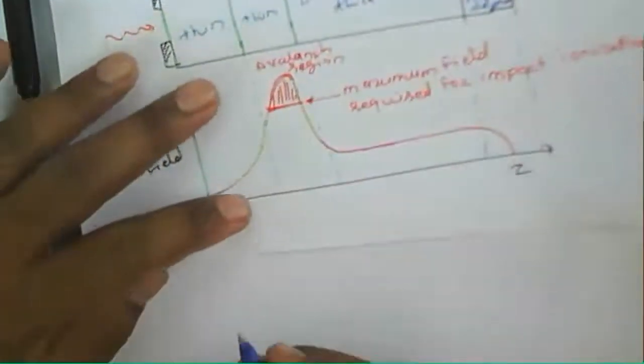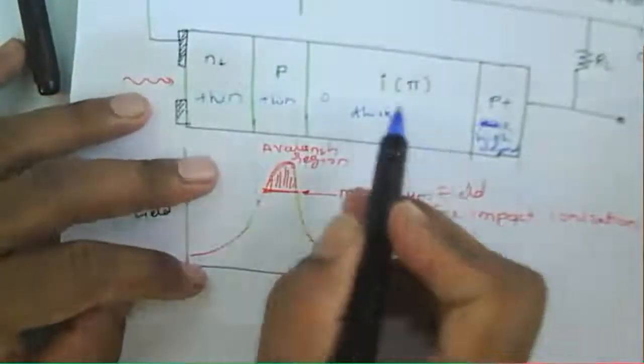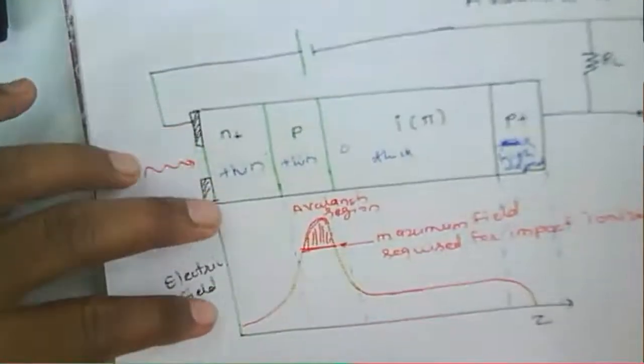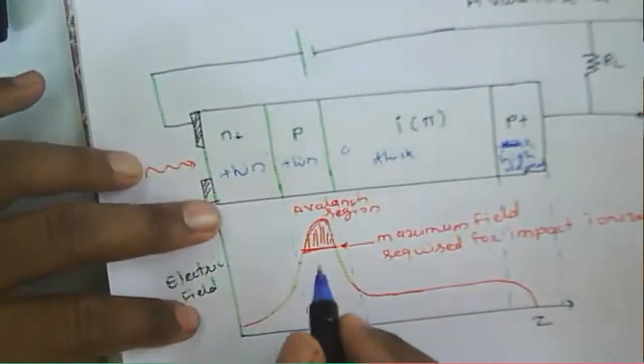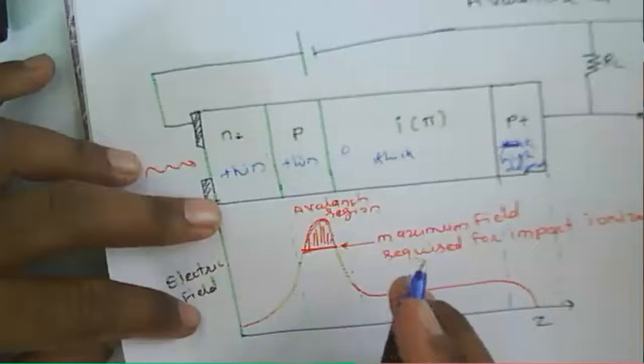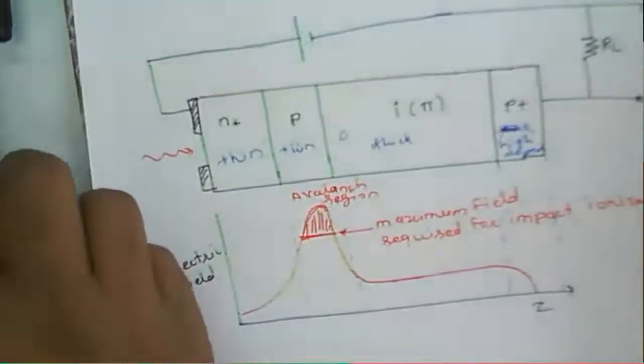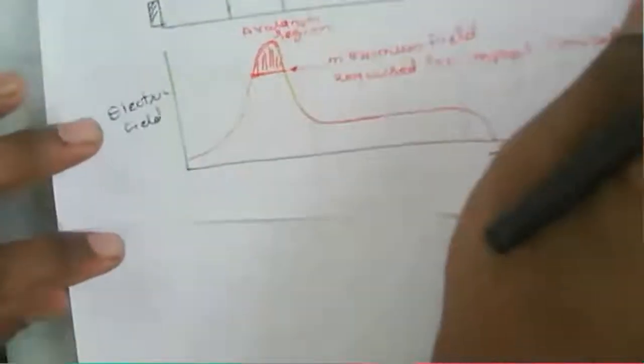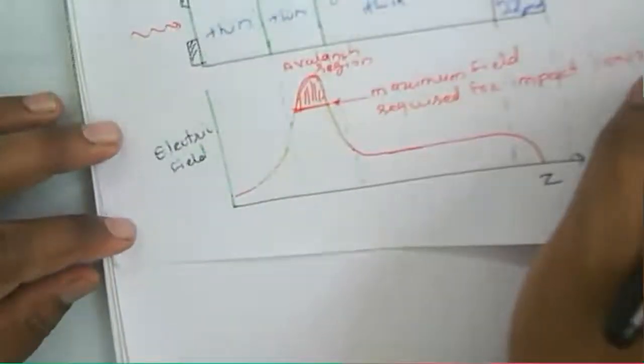So the avalanche multiplication factor for this avalanche photodiode depends upon how much multiplied output current is generated based on the initial unmultiplied photocurrent.